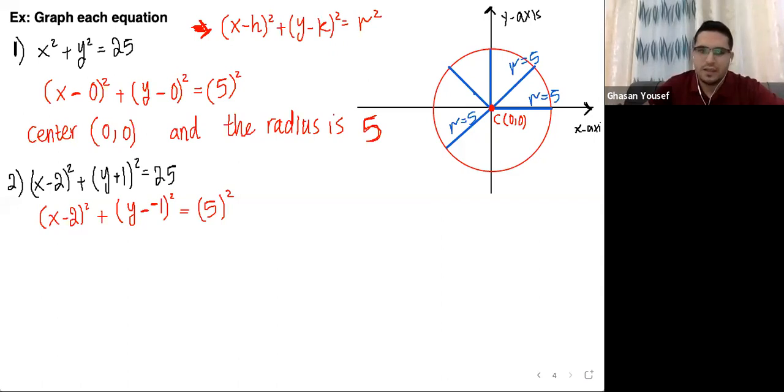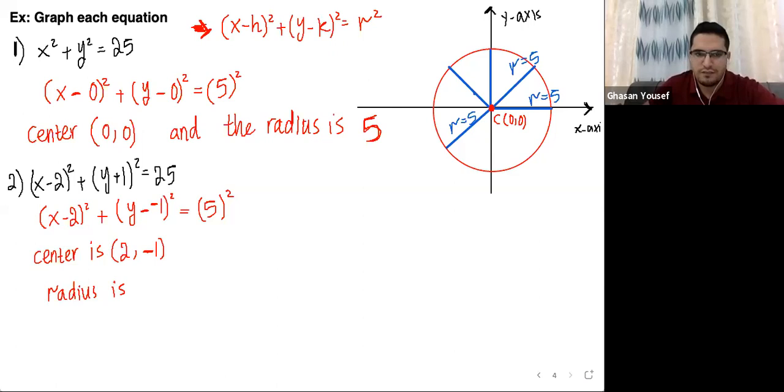Now, because the formula looks like the original circle equation formula, x minus h, the center here is 2 for the x coordinate and minus 1 for the y coordinate, and the radius is 5 only.